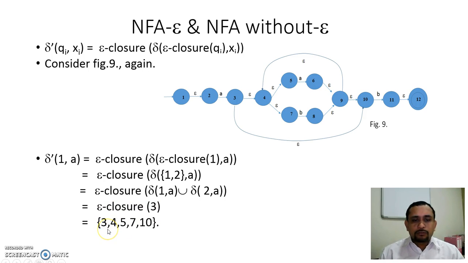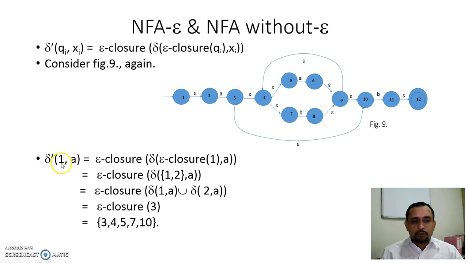Here, epsilon closure of 3, what does it mean? It is 3 itself, 4, 5, 6 and 10. Sorry, 7 is reachable from here, epsilon followed by epsilon. So in all, the epsilon closure of 3 has different states such as 3, 4, 5, 7 and 10.